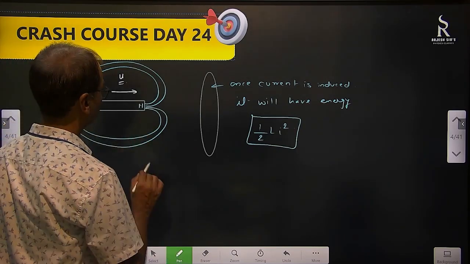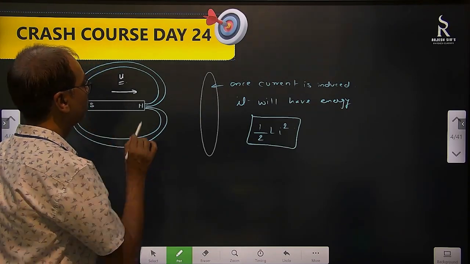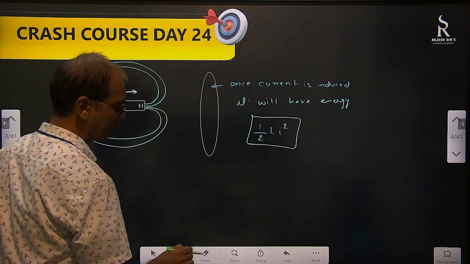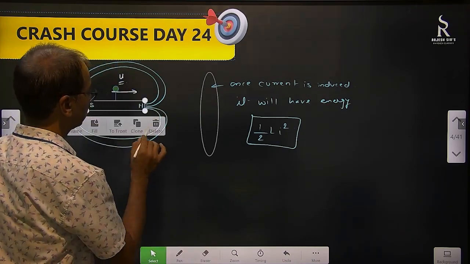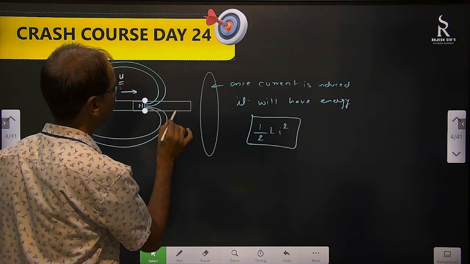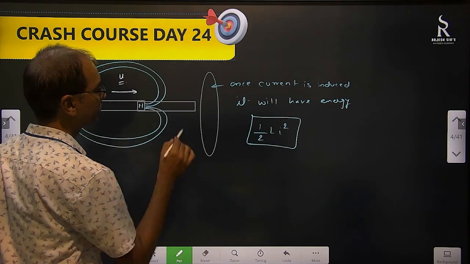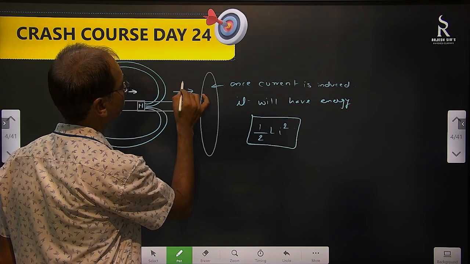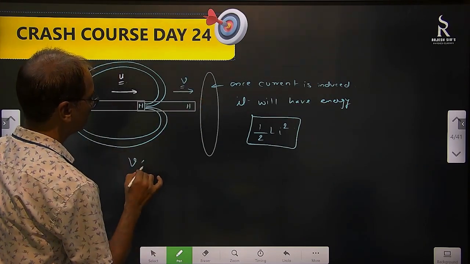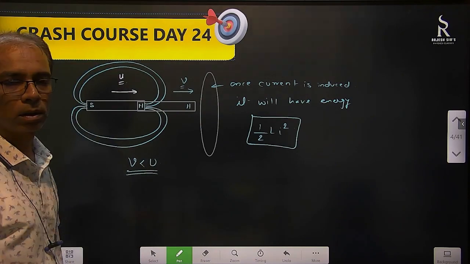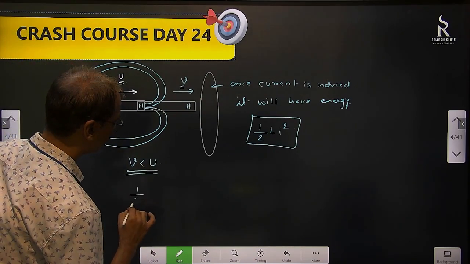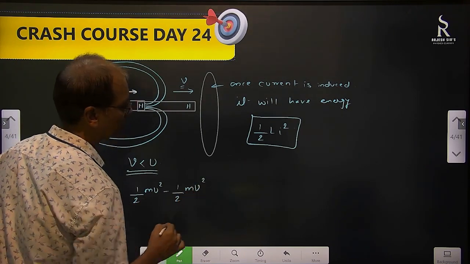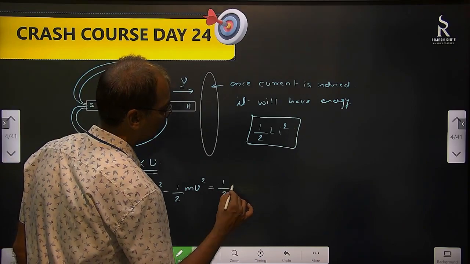As this magnet is coming closer, its velocity keeps on decreasing. When it reaches over here, its velocity has become v, and v is less than u. So if we talk about kinetic energy, there is a loss in kinetic energy, and this loss is half Li square.